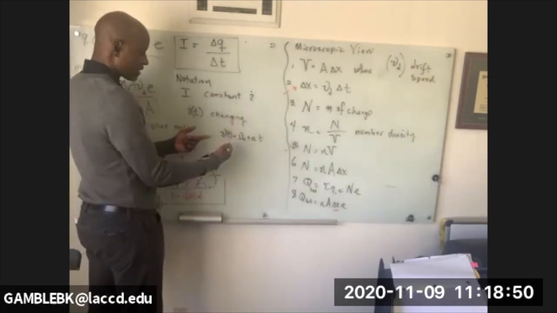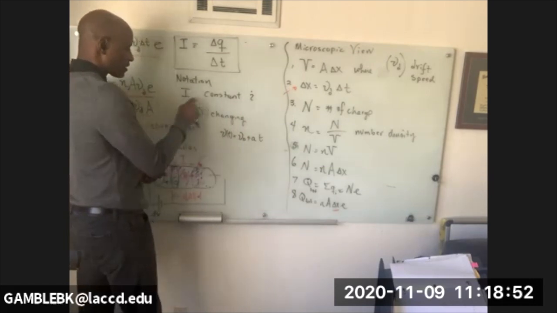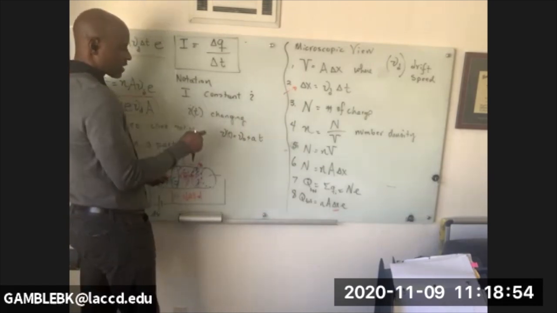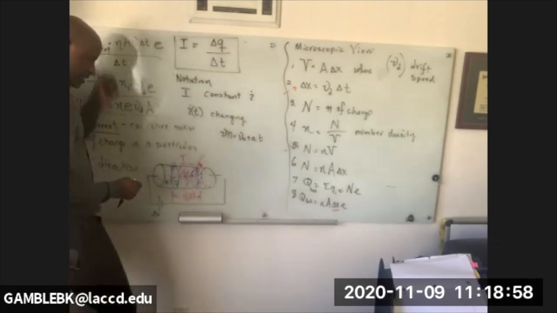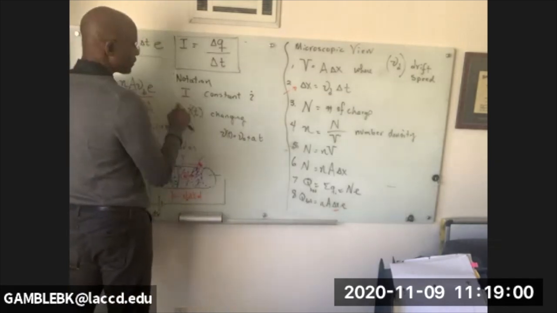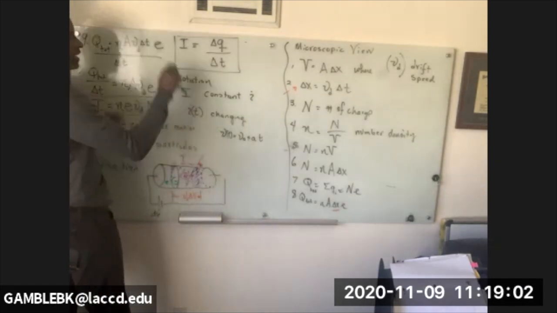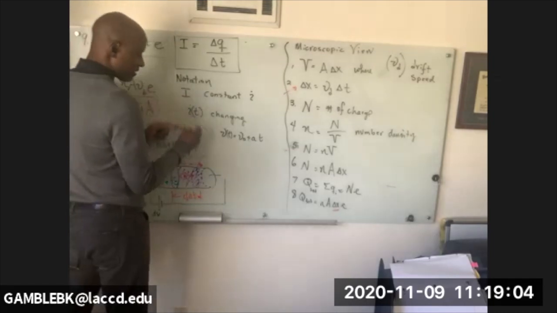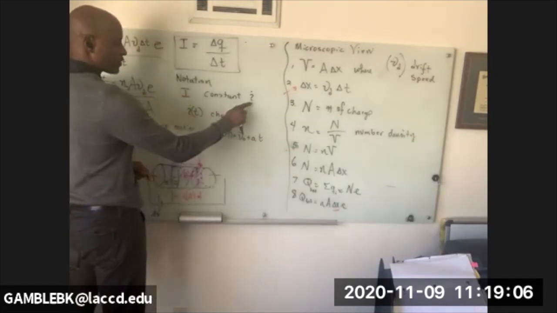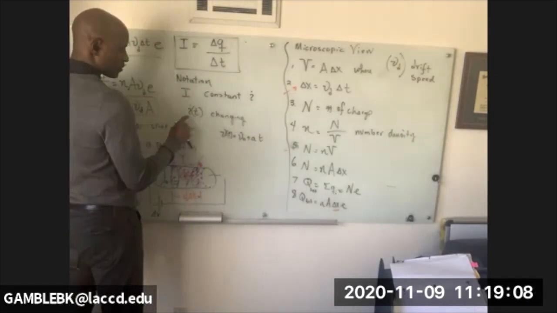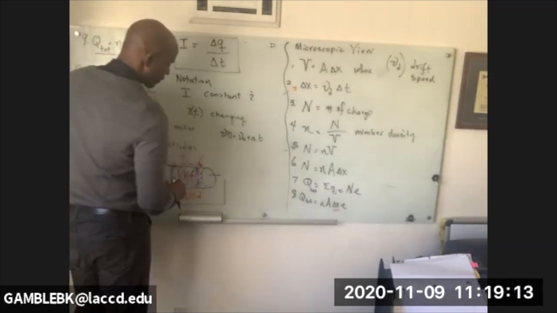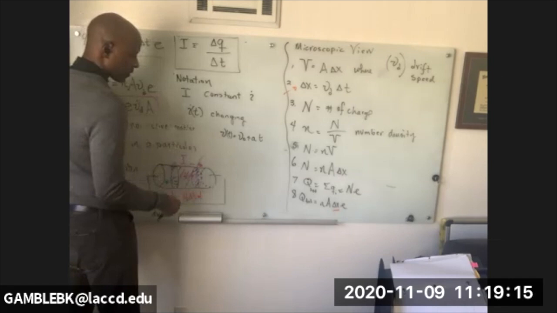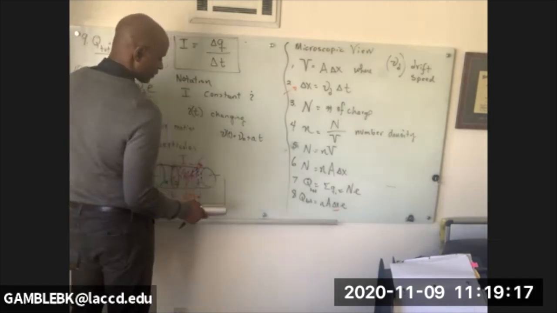But most textbooks will use it because they don't even deal with change in current anyway, so usually there's no confusion. For me, capital I means constant, and I usually use the other notation whenever I mean a change in current. So that's one thing.